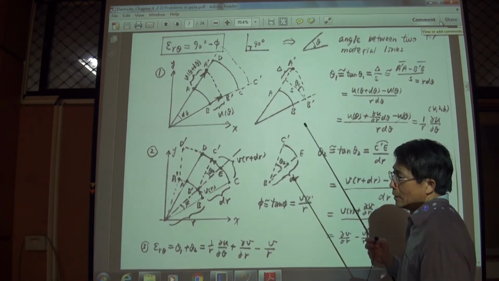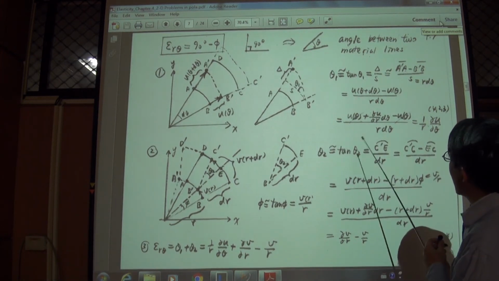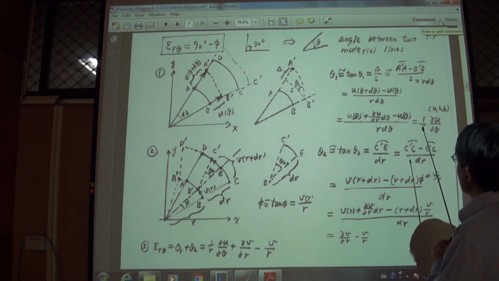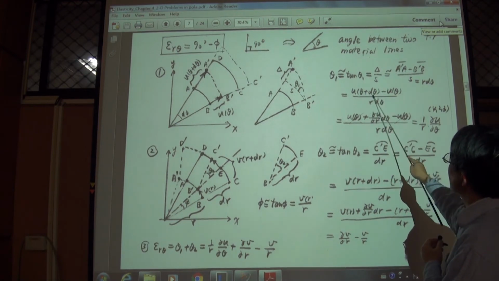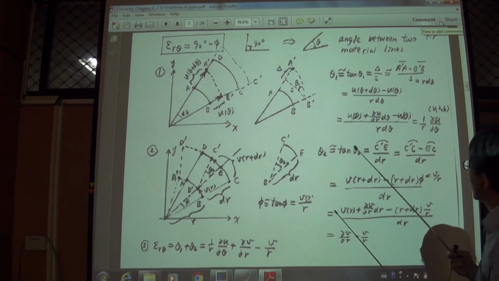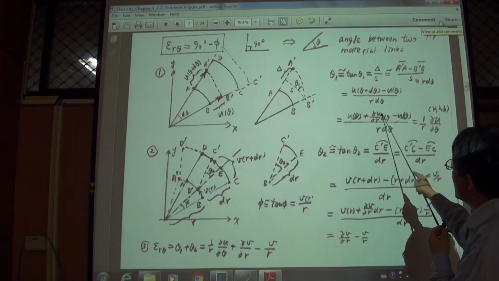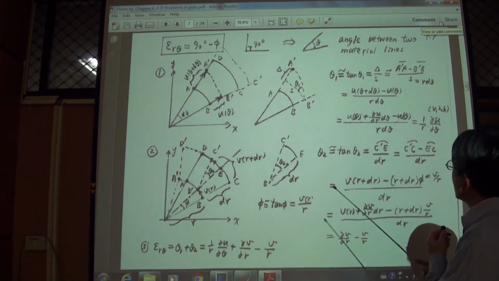If you understand this relation, we can go ahead to compute the formula. This one can be replaced by the Taylor series, as we have done before.